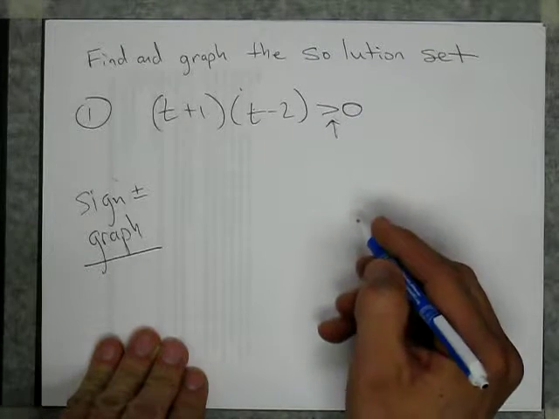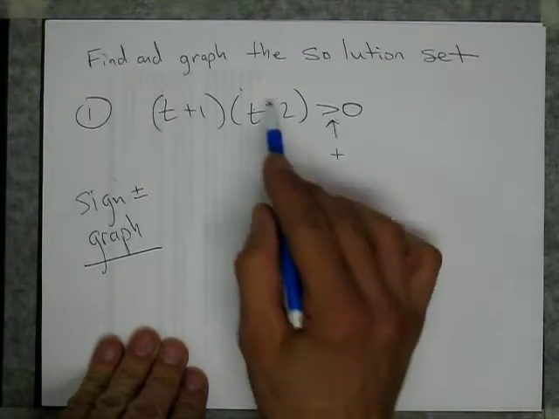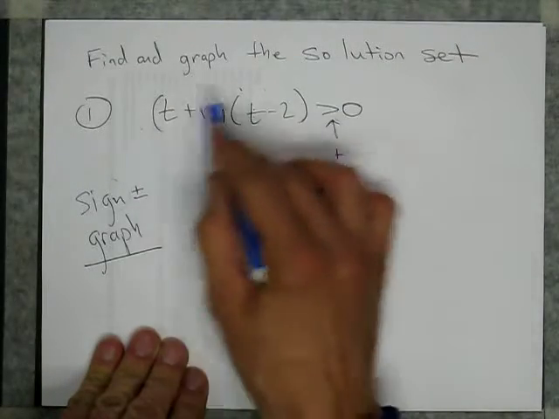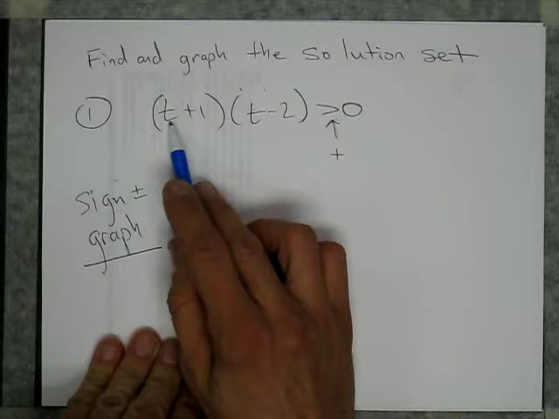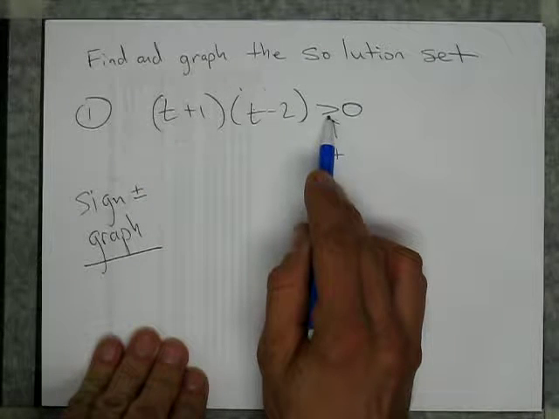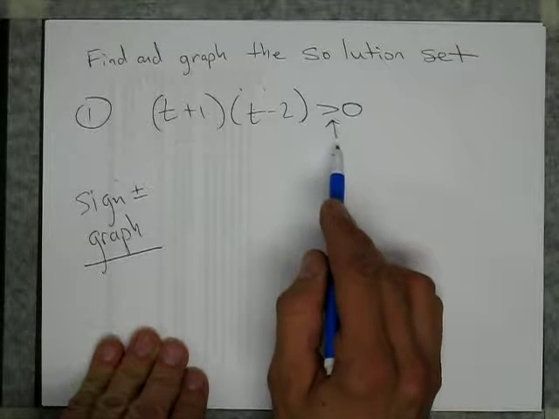Things that are greater than 0, we want them to be positive. So we're going to be looking for positive values on the left-hand side. So the question is, what do I plug in for t? Not so that it gives me 0, because I want it to be greater than 0, but I want values for t that'll make it positive.